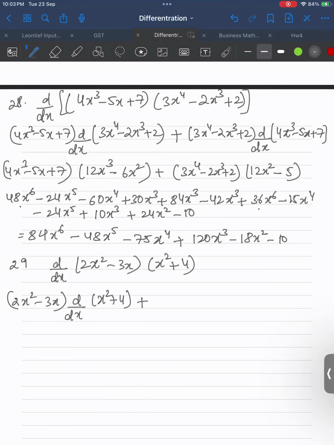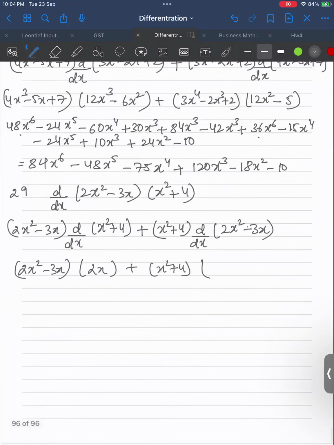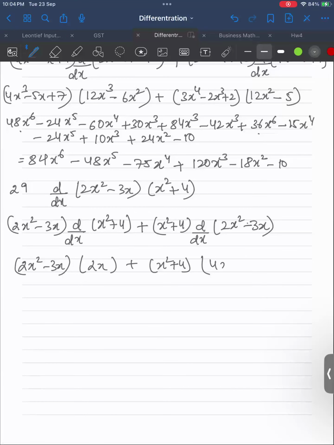Plus, we keep the second term as it is and we differentiate the first term. जी ठीक है, सॉल्व कर लेते हैं। 2x^2 minus 3x, differentiating it, it would be 4x minus 3, plus x^2 plus 4, differentiating it, we would get 2x.